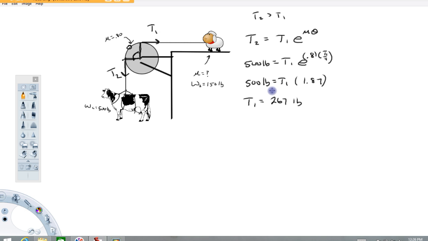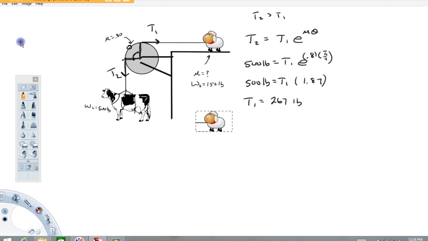Now, moving on to this part of the system, I'm going to draw a free body of the sheep. Already I can see this is not very optimistic for either the sheep or the cow, but I'm going to move on with how we analyze the system.